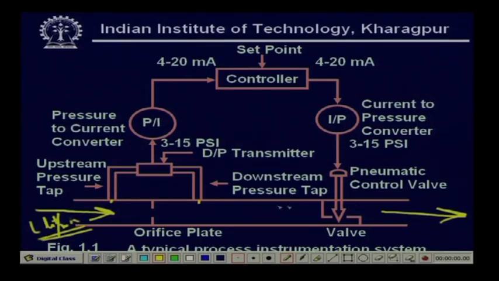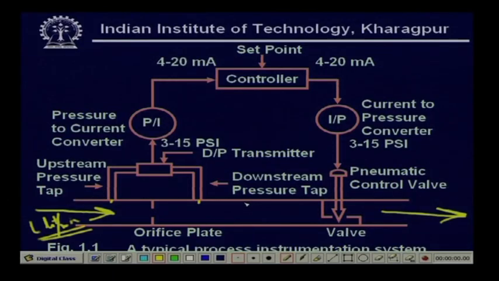That liquid rate should always be maintained through this pipe. That is our ultimate goal. In many situations, in steel and chemical plants, you will find this type of situation. It might be water, it might be naphtha, and many other things where you have to measure the flow.